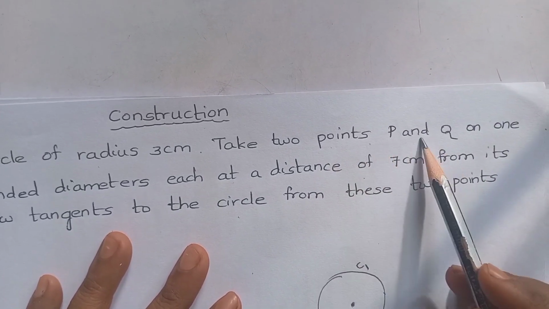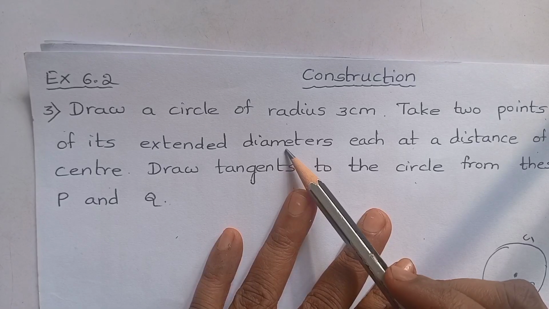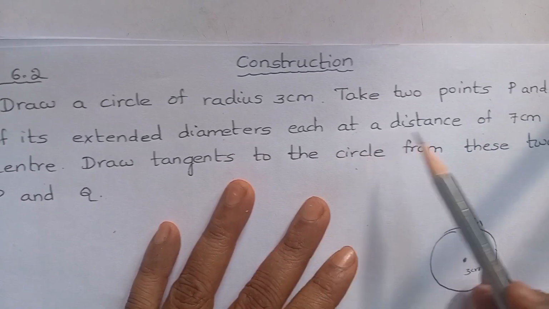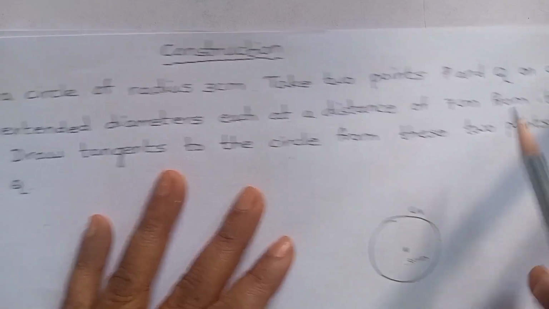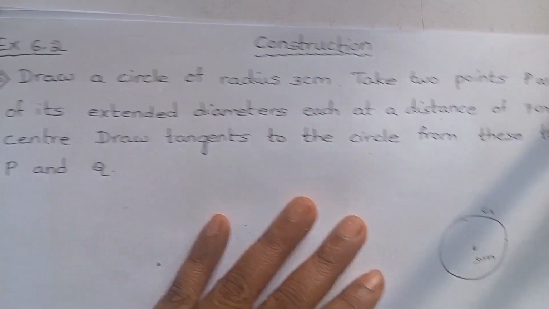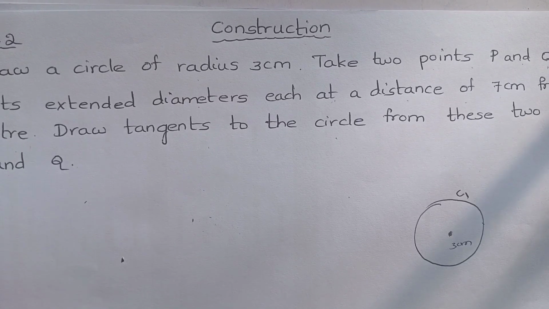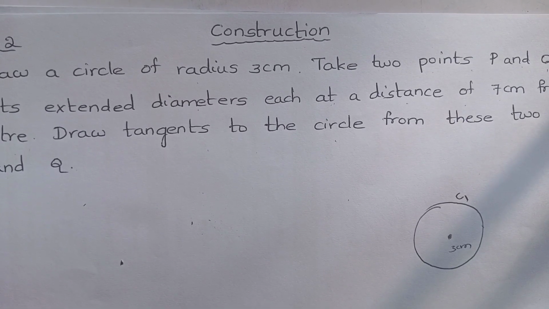Take 2 points P and Q on one of its extended diameters, each at a distance of 7 cm from its center. What is the meaning of this? We have to mark 2 points P and Q. Okay.